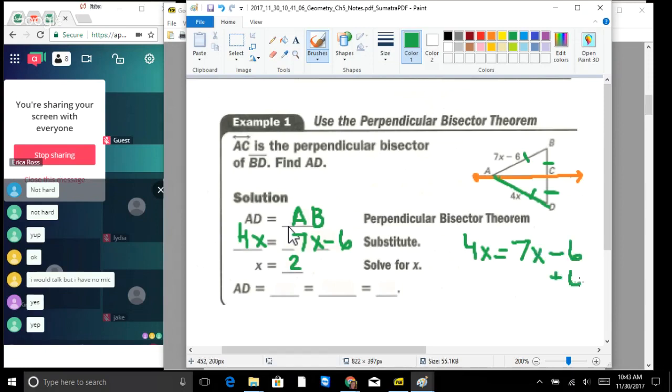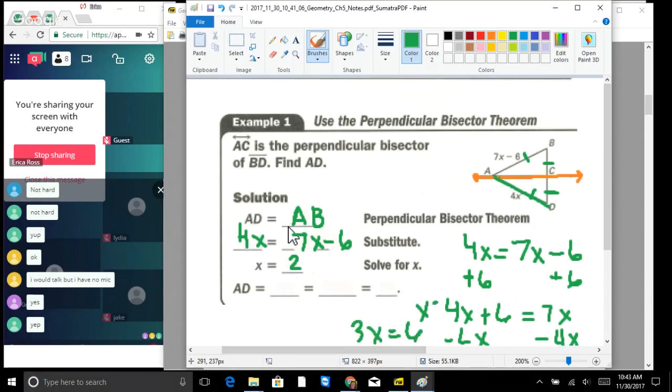And we're going to add 6 to both sides. And we're going to get 4x plus 6 equals 7x. Subtract 4x from both sides. And we get that basically, I'm running out of room, 3x equals 6 or x equals 2. So if I wanted to know how long AD is, 4x, which is 4 times 2, which is 8.